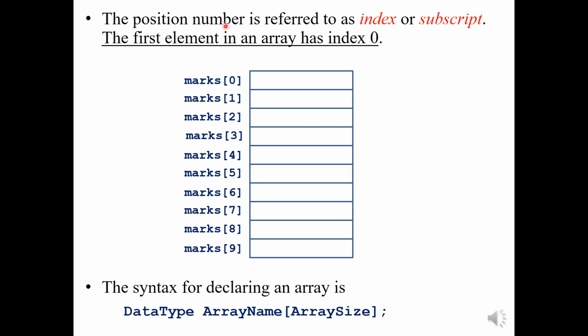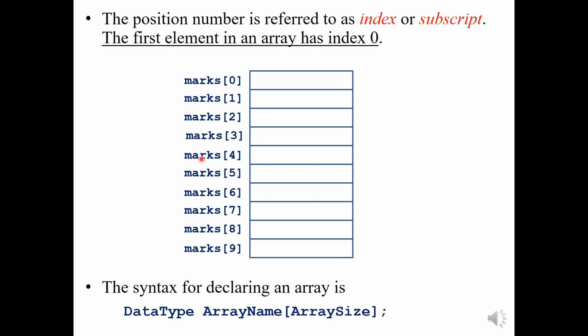The position number is referred to as index or subscript. I can say it's a subscript of the array or index of the array. The first element in an array has the index 0. That is an important thing. This you have to remember. That is why I told you marks 4 means it is 1, 2, 3, 4, the fifth element of the array.